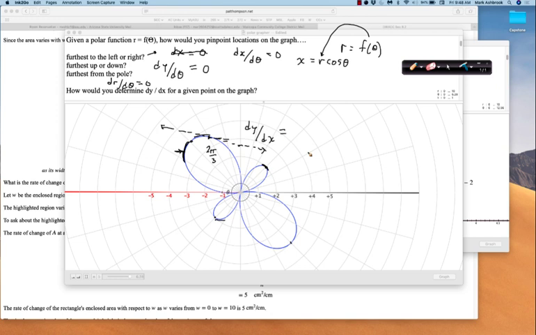If I want to write the equation of that tangent line right there. Anna, what do you think? Everything's in terms of theta. All the information we have is in terms of theta. Yeah, so we saw this before with parametric functions.